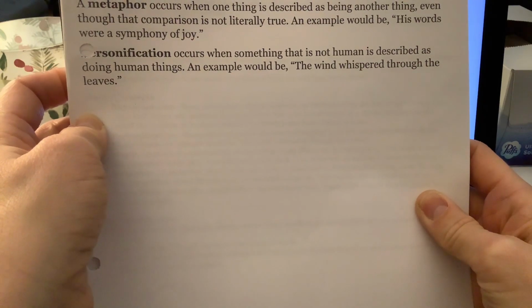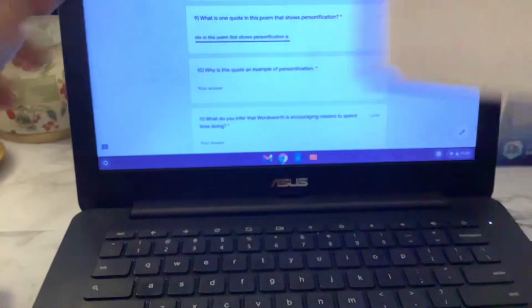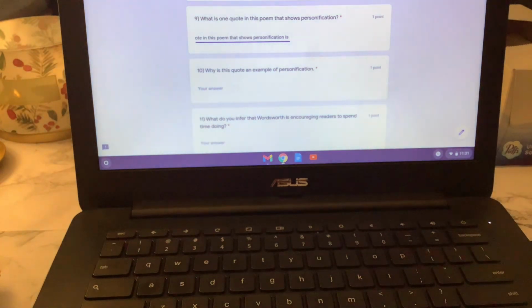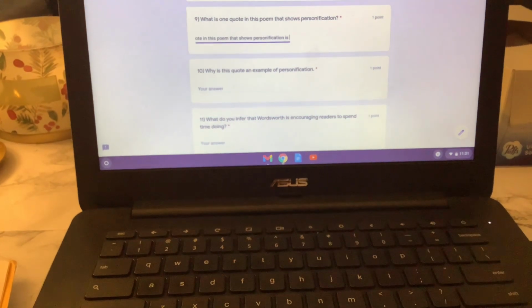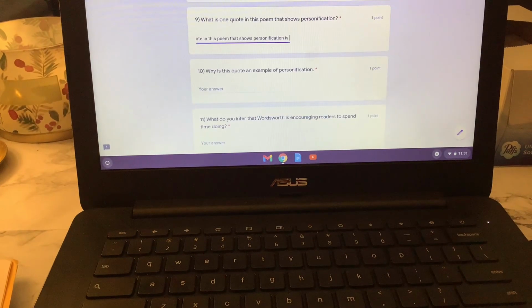For example, the wind whispered through the leaves, okay? So looking in this poem, there are lots and lots of examples of personification. So you need to just find one example. So go ahead, pause, fill in the answer to this question, picking a quote, okay, and then come on back and we'll talk about 10.